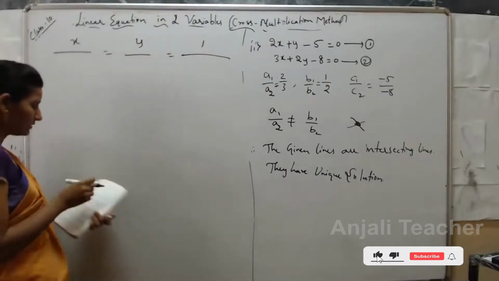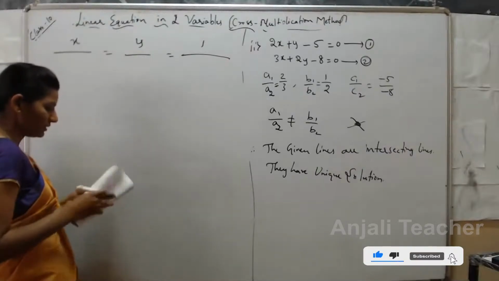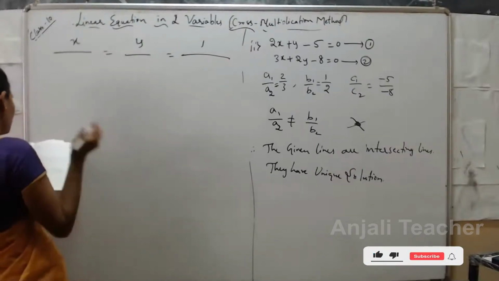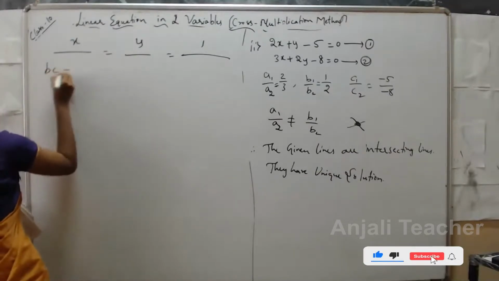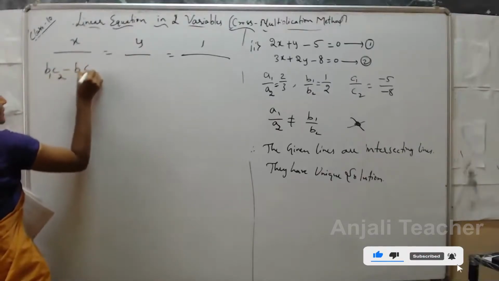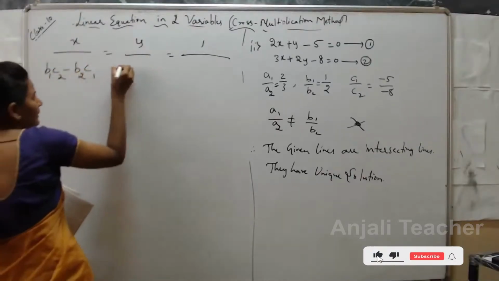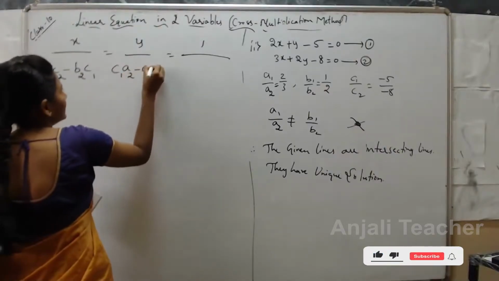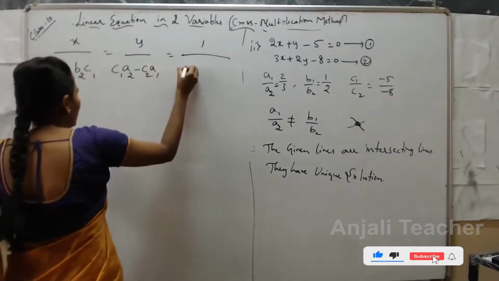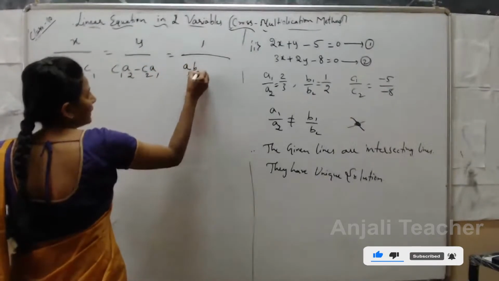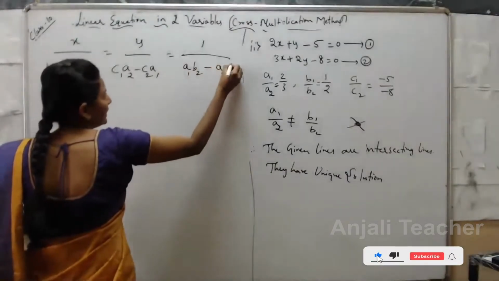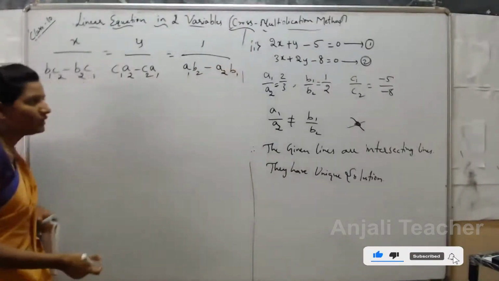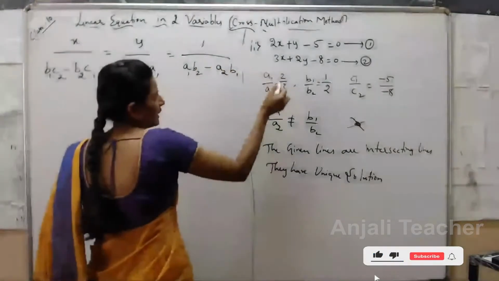See the formula here. What is the formula? I can write directly: b1 c2 minus b2 c1, c1 a2 minus c2 a1, and a1 b2 minus a2 b1. This is the formula. You have to substitute all values.